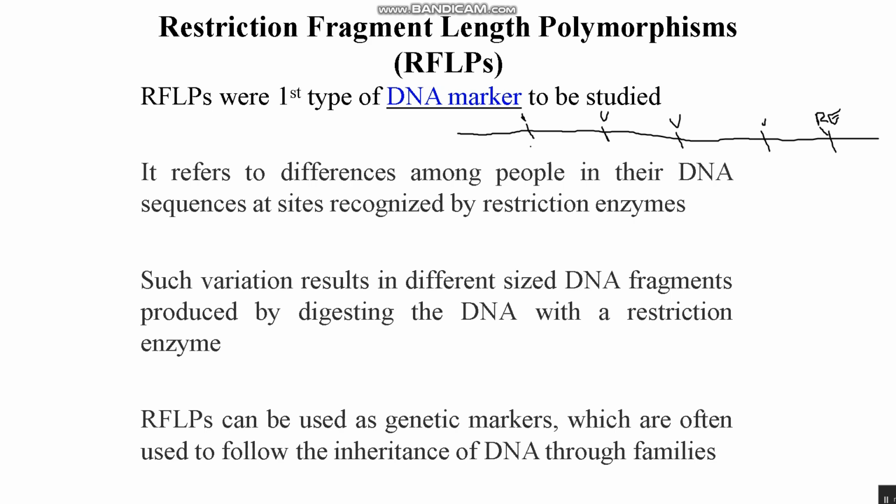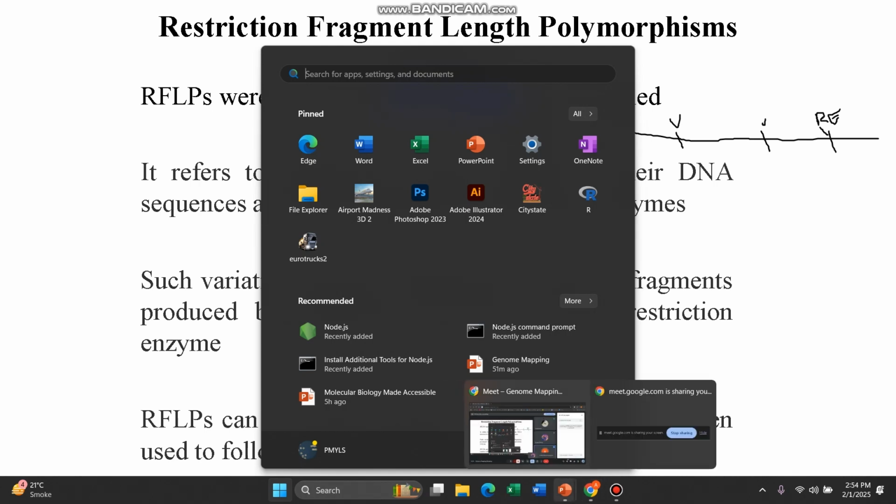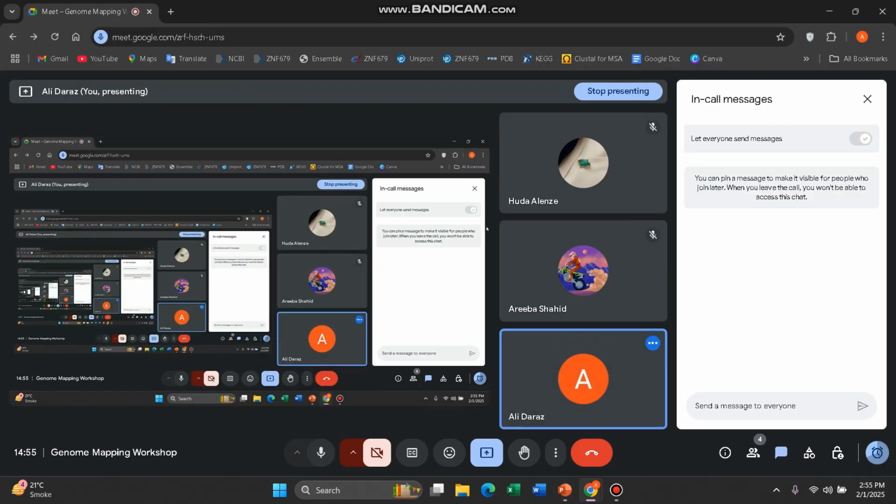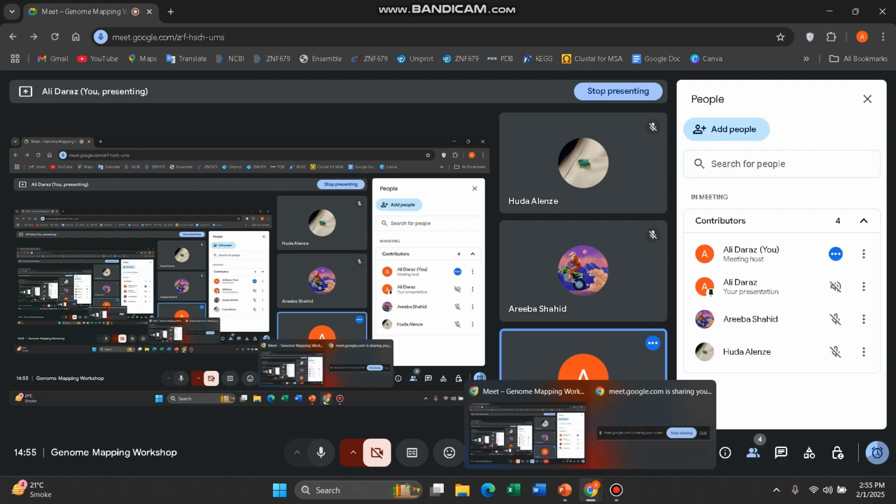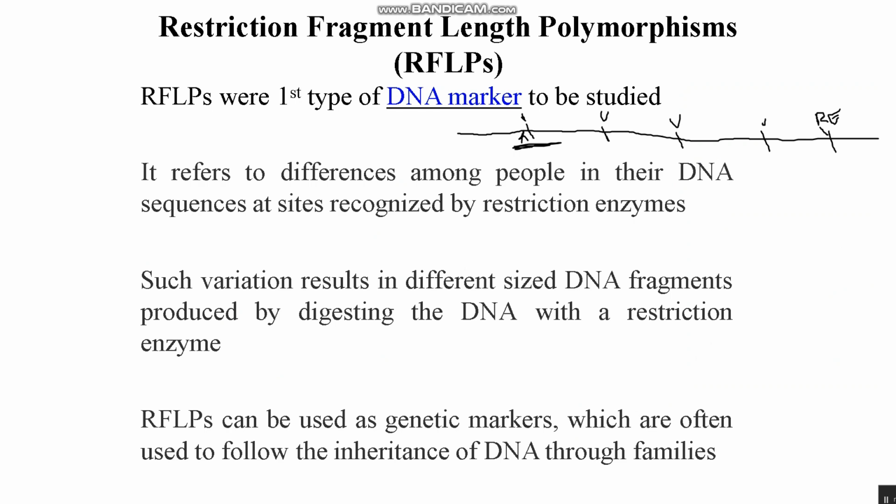If there is a mutation in the restriction site, the restriction enzyme will not cut that site, and by this we can know where the genes are located. Such variations result in different sized DNA fragments produced by digesting the DNA with the restriction enzymes.